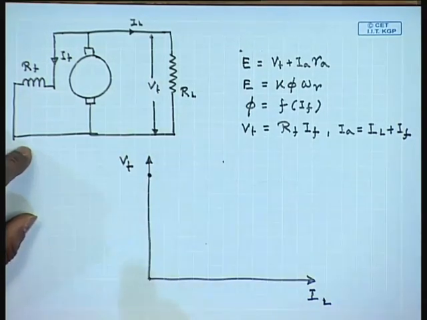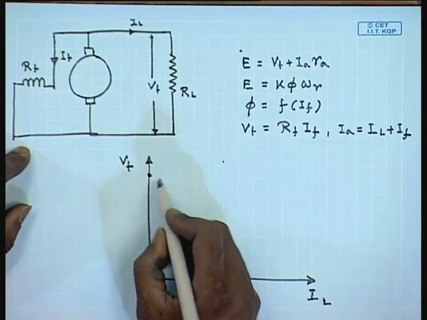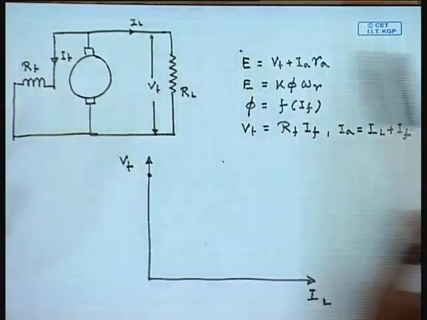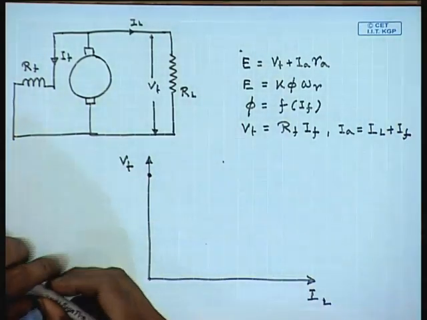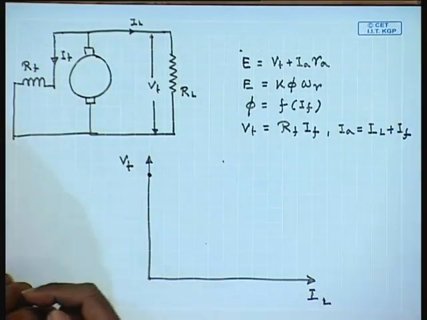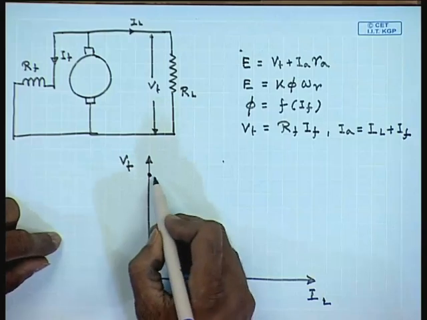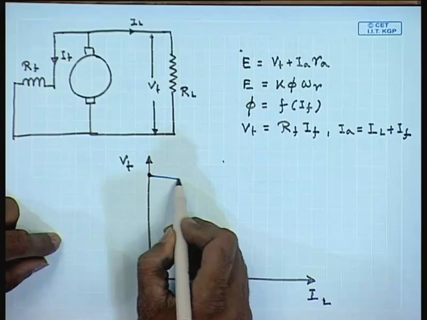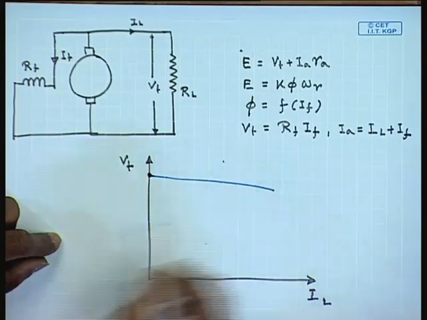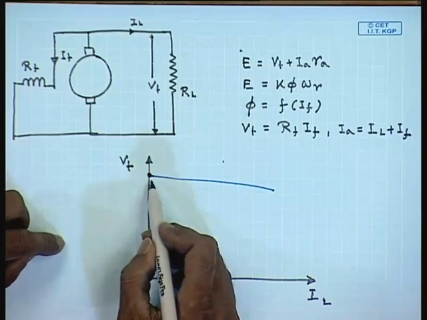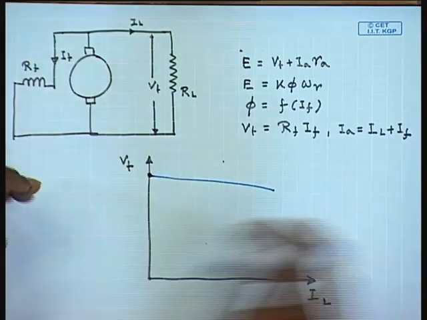Even if the two machines, both a separately excited machine and a shunt machine, are adjusted to produce the same rated voltage at no load, for a separately excited machine the terminal voltage will drop, but for a shunt machine this voltage will drop much faster.